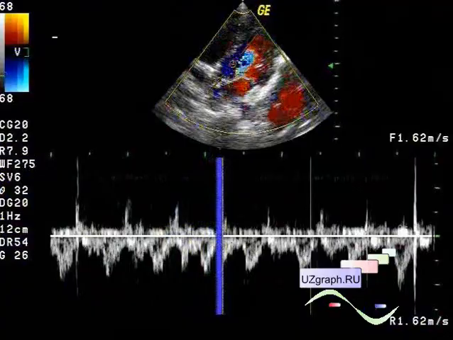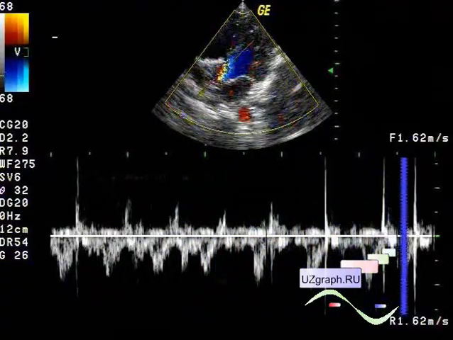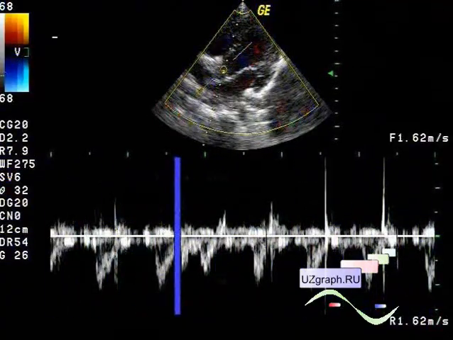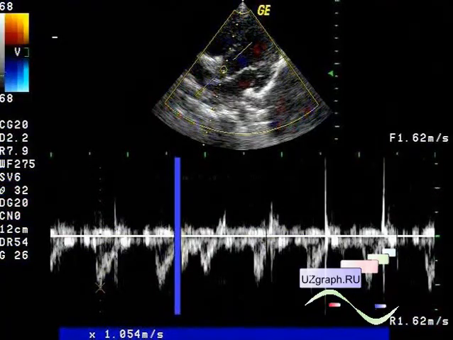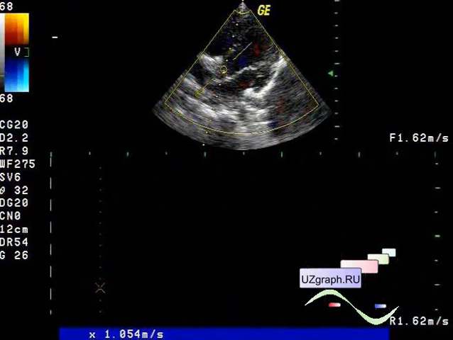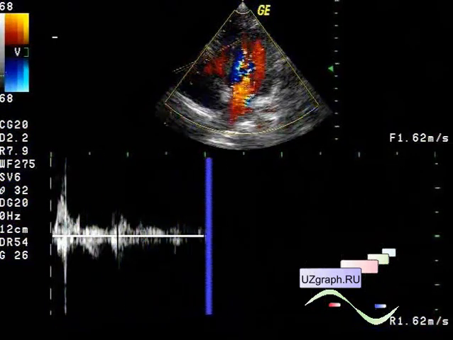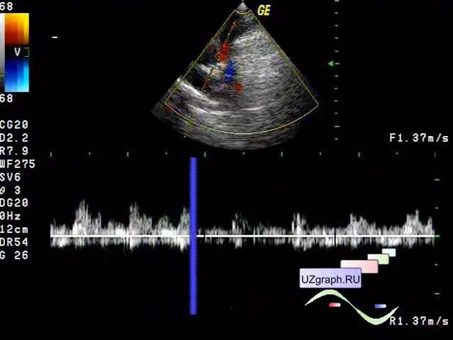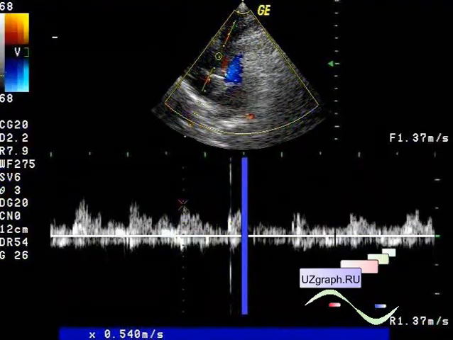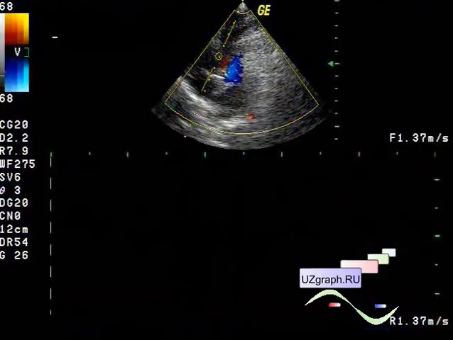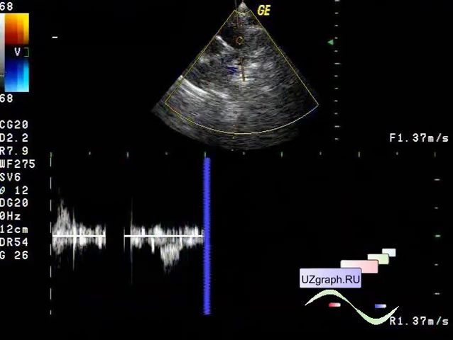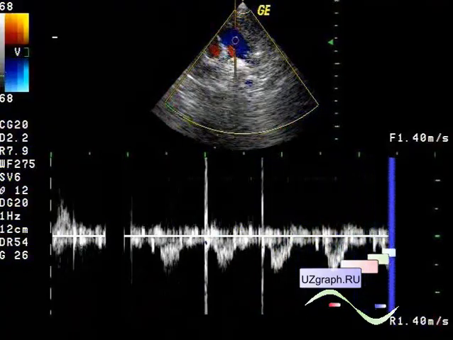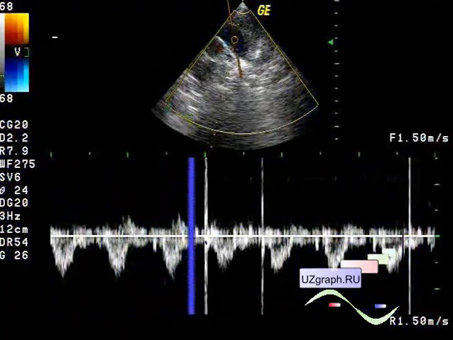Aortic valve area, also called left ventricle outflow tract. And tricuspid valve. And pulmonary artery valve, or right ventricle outflow tract.